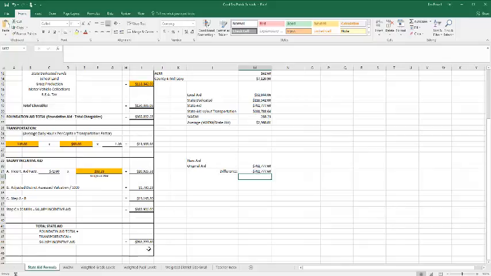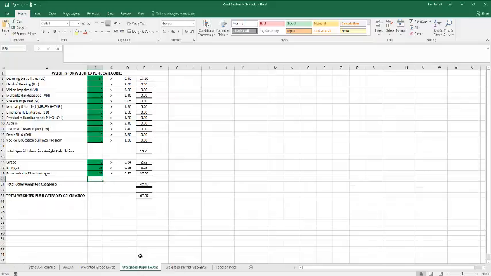So what we need to do, let's go into our weighted pupil categories. So here's where we see our students, our pupil categories, total special ed weights and total pupil weights for everything.